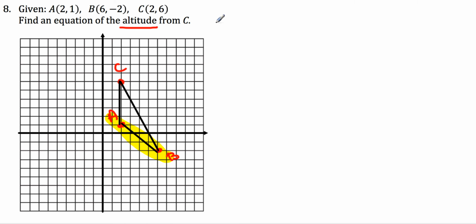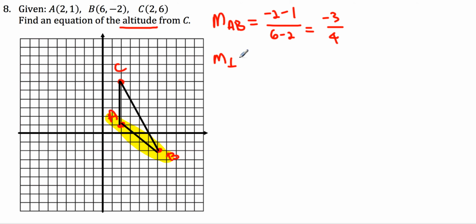Slope between AB would have been y2, which is negative 2, minus y1, which is 1, over 6 minus 2. Then we end up getting negative 3 over 4. So the slope that's perpendicular to that would have been positive, because negation of negative becomes positive, 4 over 3.